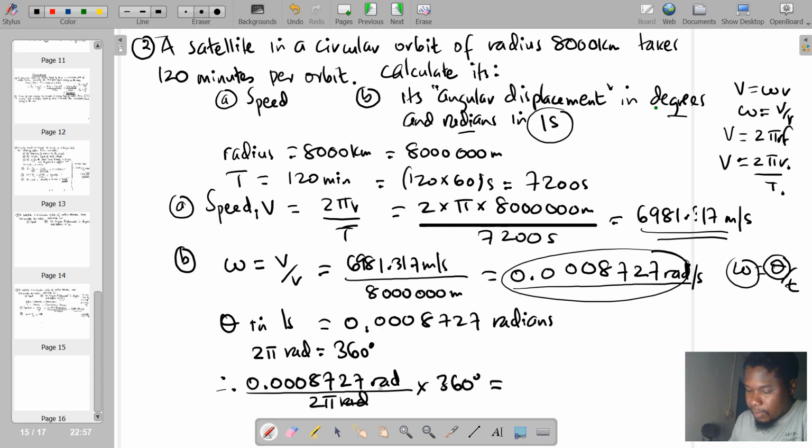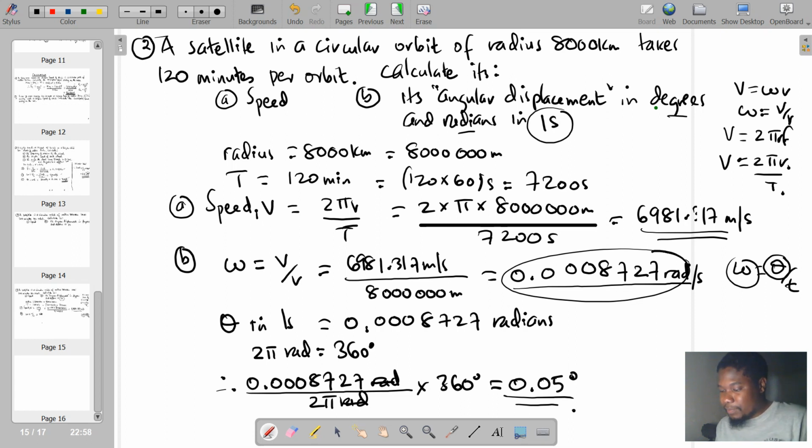So divide by 2 times pi, then multiply that by 360. It gives us 0.05 degrees. So that's the amount of angle that we're going to cover in degrees. Yeah, so this is how you approach this problem.